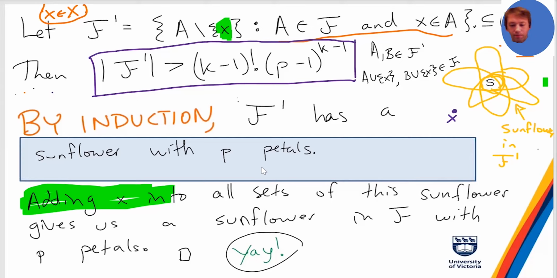It's kind of tricky because you have these two parameters floating around, K and P, and you have to keep straight which one we're doing induction on.